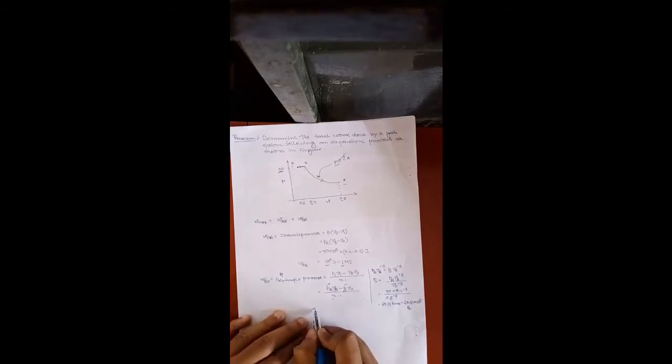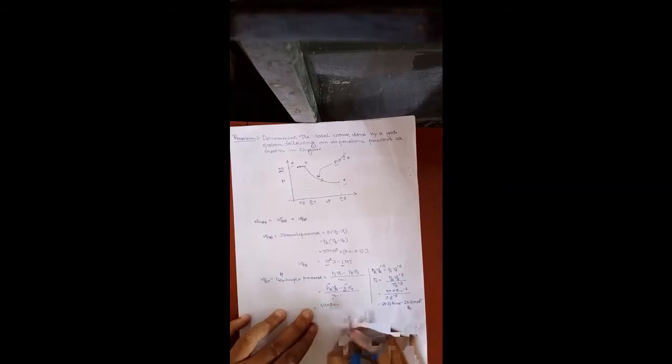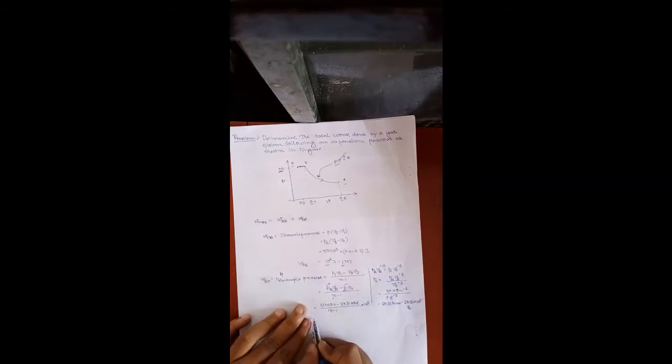Okay, now we can put it in the equation. PB is how much? PB is 50, VB is 0.4, PC is 20.31, VC is 0.8, by n is 1.3 minus 1, into 10 to the power 5.